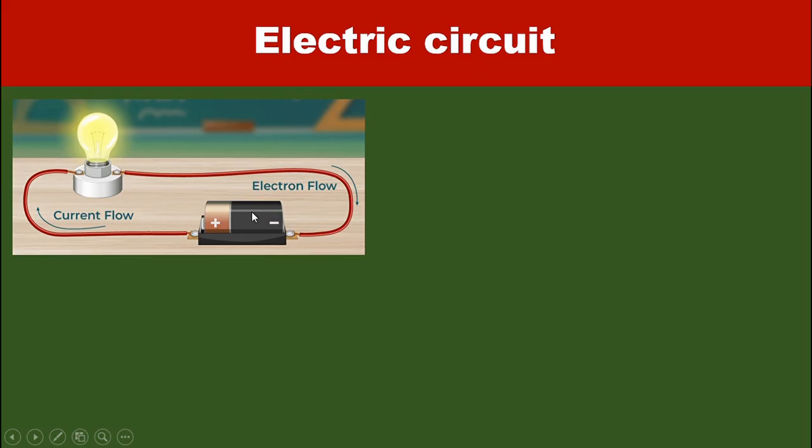The positive terminal is connected by a conductor to a bulb, and the other end of the bulb is again connected by a conductor to the negative terminal of the battery. Now what happens when the switch is on? The bulb is glowing. This is called an electric circuit.